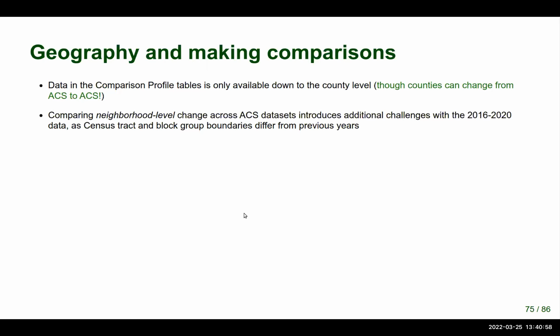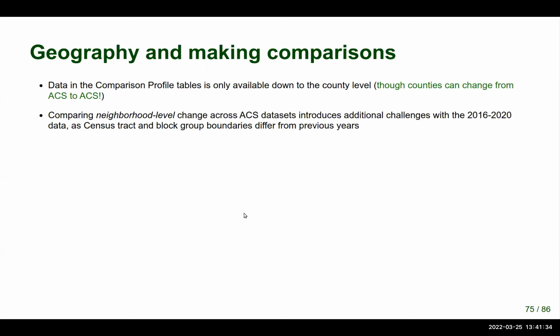But in many cases, we want neighborhood level change. And this is tricky. I said this at the beginning of the presentation that the 2016 to 2020 ACS uses 2020 census geographies. And with each decennial US Census, the Census Bureau redraws its geographies for census tracts, block groups, and blocks, which means that if you're trying to make time series comparisons across say the 2011 to 2015 ACS and the 2016 to 2020 ACS, you can't neatly do that because the census tracts have all changed.